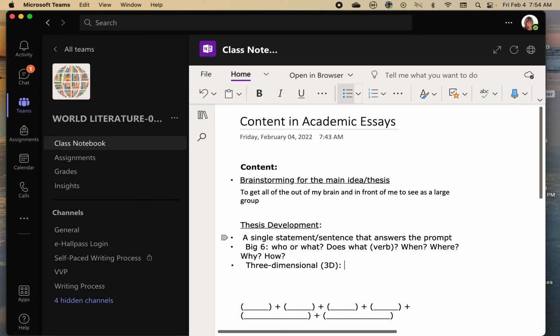So that means I may have 3 who or whats. I may have 3 verbs, 3 things that are happening in that sentence. I might have 3 whens, like 3 different times. I might have 3 different places. I might have 3 whys, and I might have 3 hows. Okay?